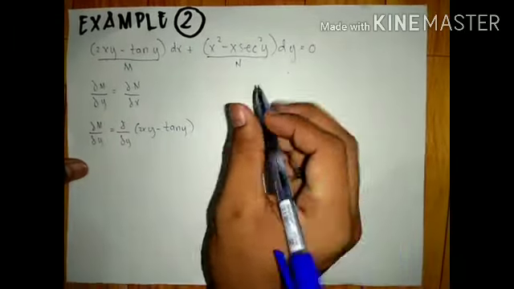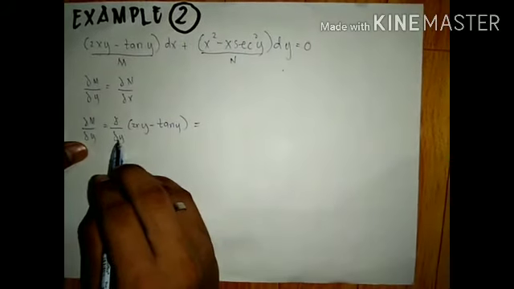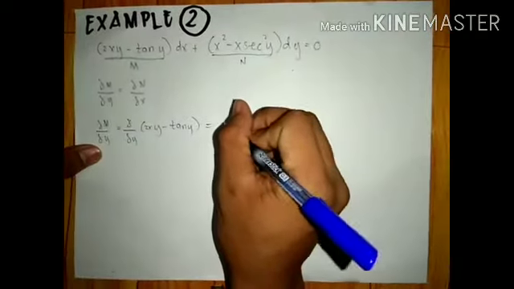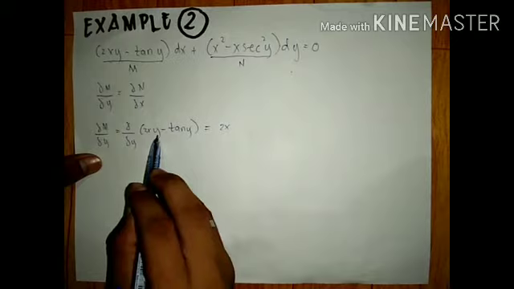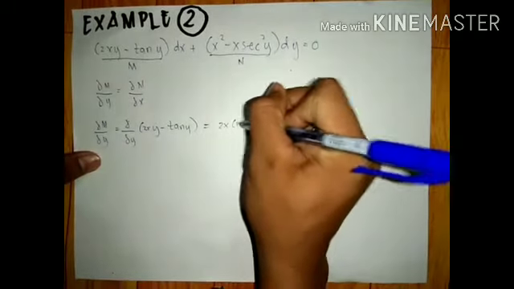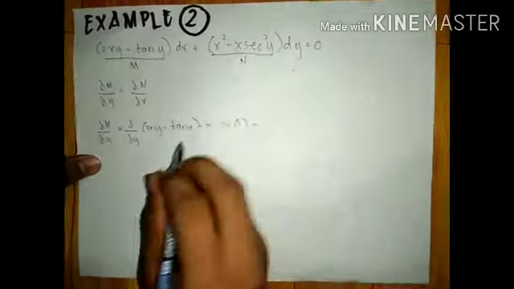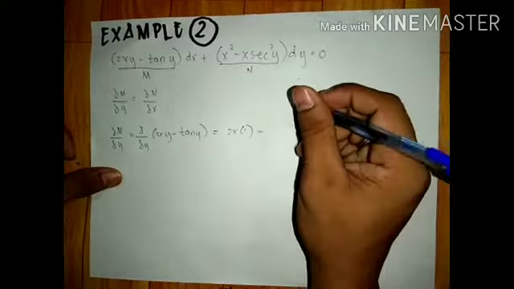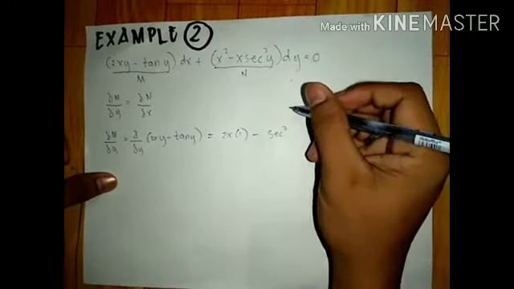So our constant is 2x, so we copy 2x since it has y with it. The derivative of y is equals to 1, times 1. Next is minus the derivative of tan y. The derivative of tan y is secant squared y.